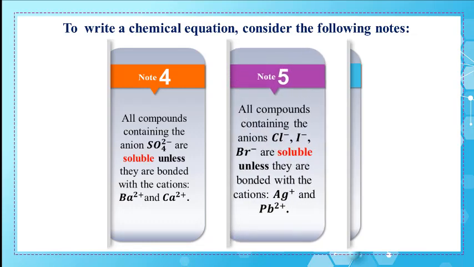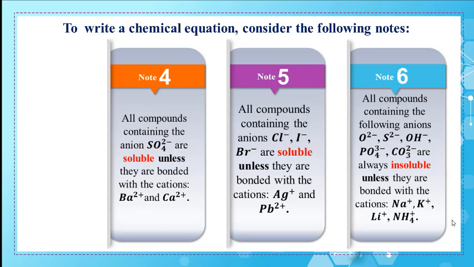All compounds containing the anions Cl-, I-, and Br- are soluble unless they are bonded with the cations Ag+ and Pb2+. All compounds containing the following anions O2-, S2-, OH-, PO4 3-, CO3 2- are always insoluble unless they are bonded with the cations Na+, K+, Li+, and NH4+.